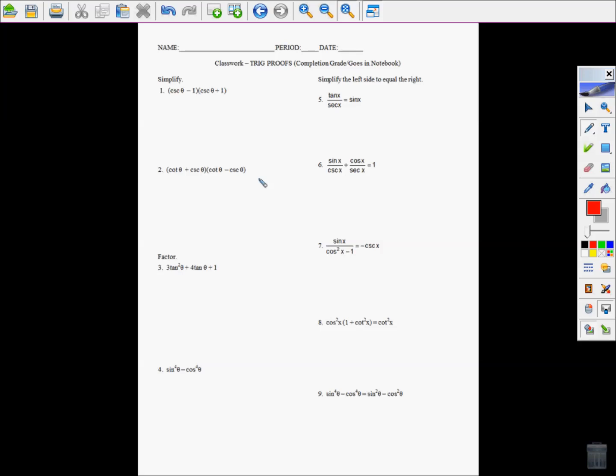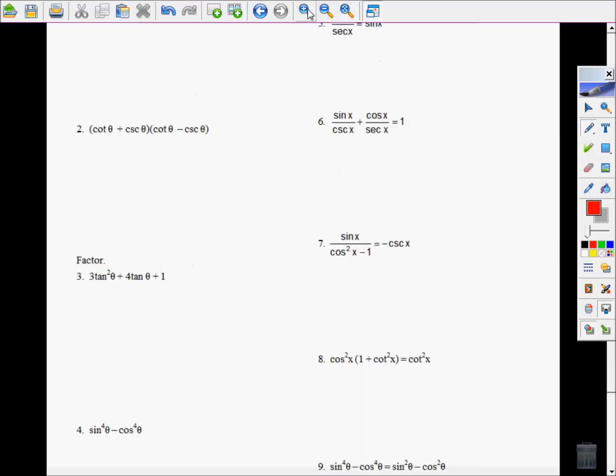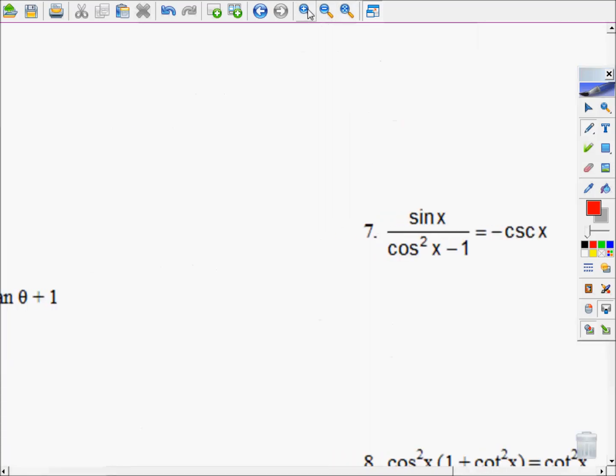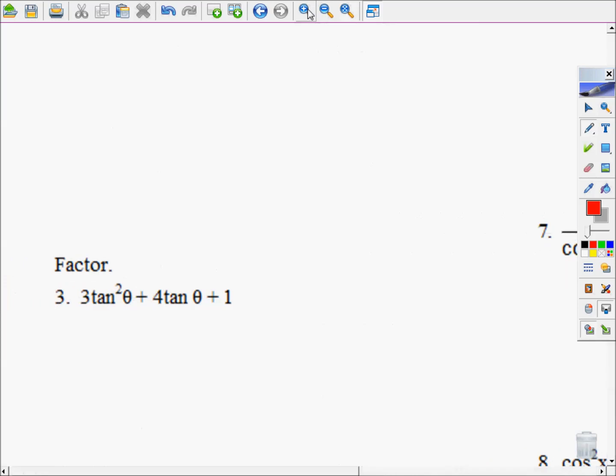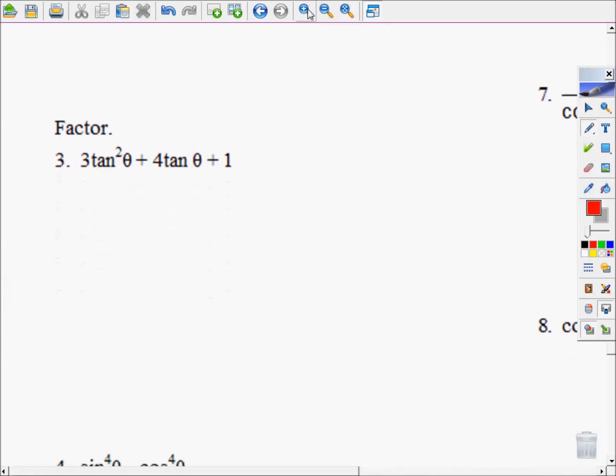On 3 and 4, number 3, please look at number 4 on your notes. Number 3, you're going to use the CAB method with the Punnett square.